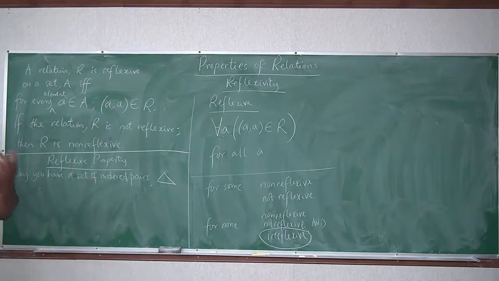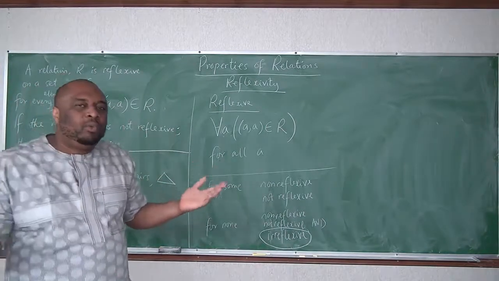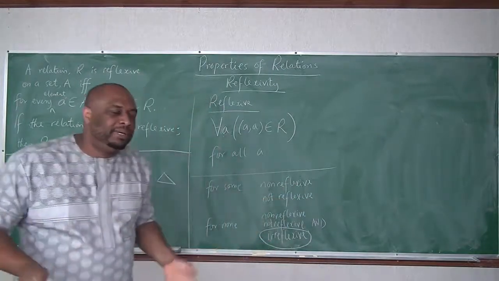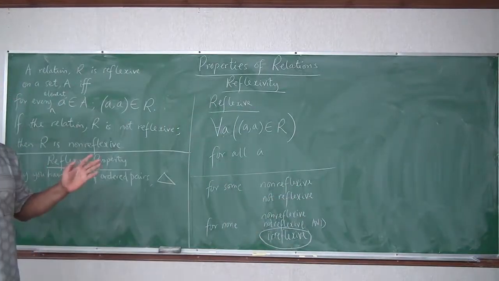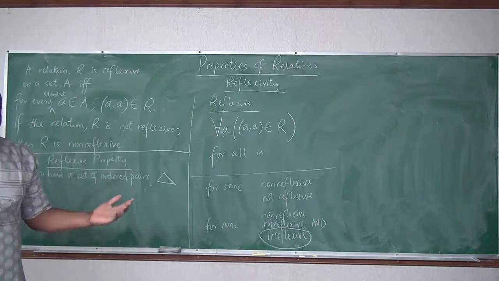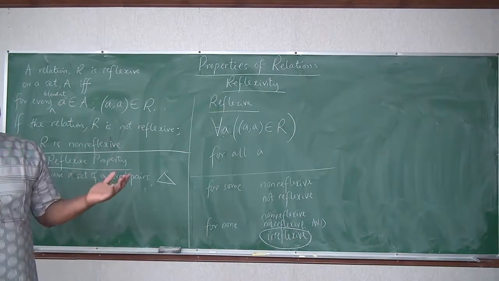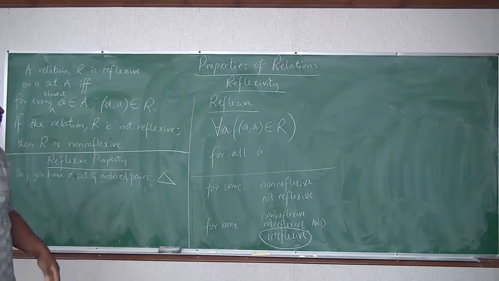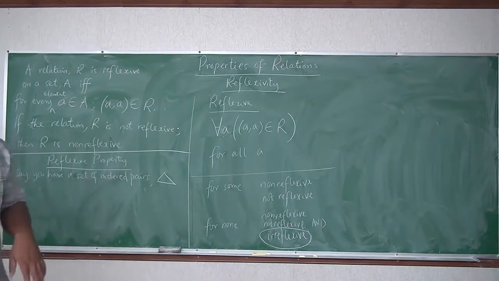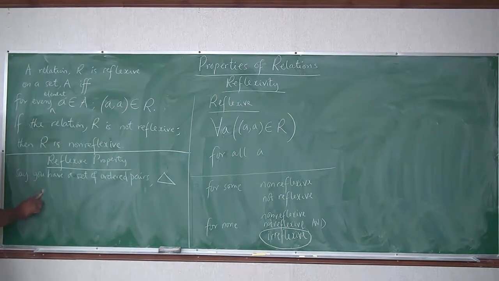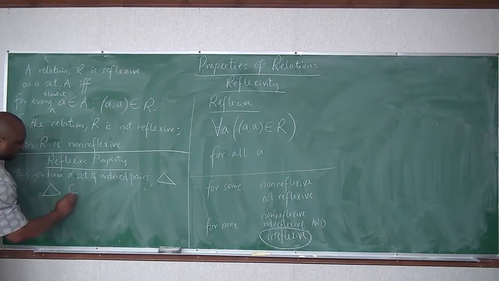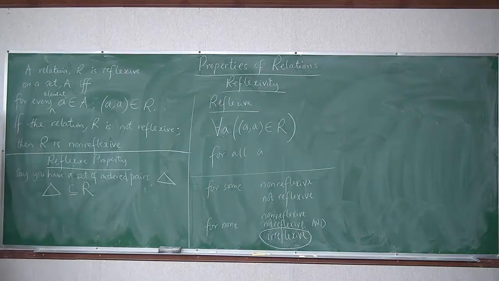Some textbooks might say you have an equality relation, or an identity relation. Then, if you have delta to be a subset of R, that means it is reflexive.